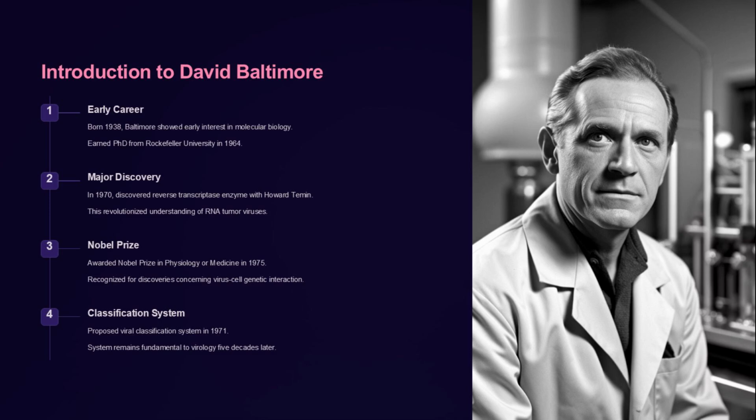For this and other discoveries concerning virus-cell genetic interaction, Baltimore was awarded the Nobel Prize in Physiology or Medicine in 1975. He also proposed a viral classification system in 1971 that remains fundamental to virology 5 decades later. Baltimore's early career, major discoveries, Nobel Prize, and lasting contributions to the field of virology are highlighted in this slide.